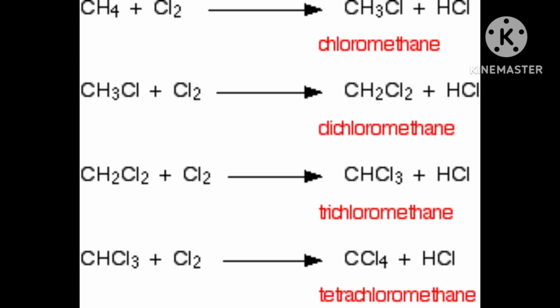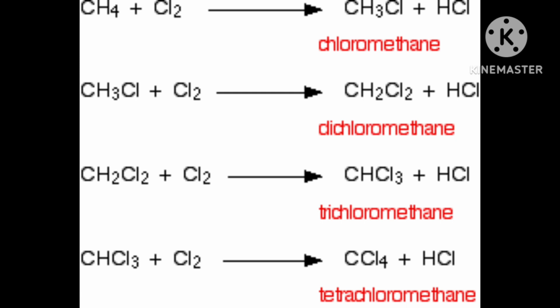After that the second hydrogen will go, then the third hydrogen. So 3 degree is greater than 2 degree, and 2 degree is greater than 1 degree. This is the preference.